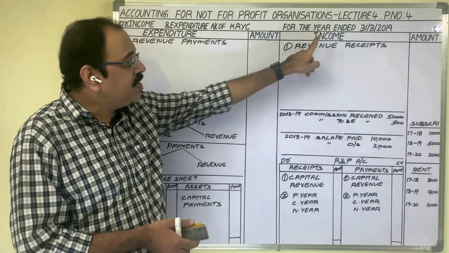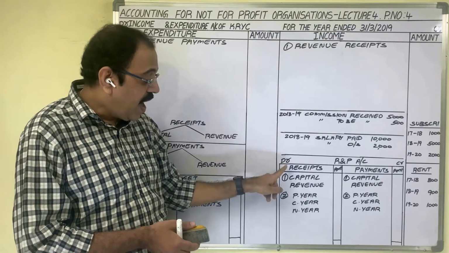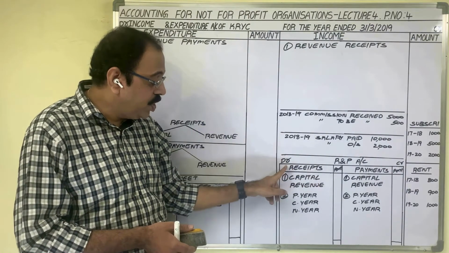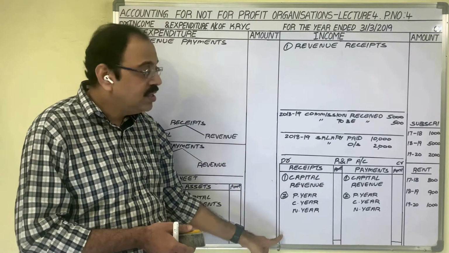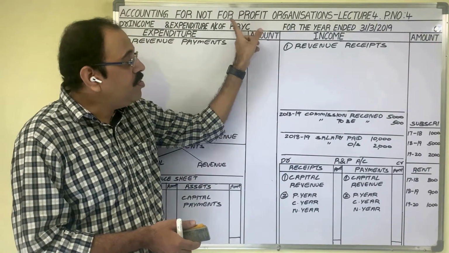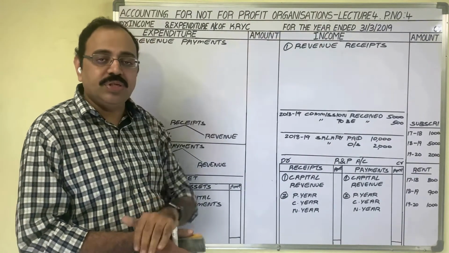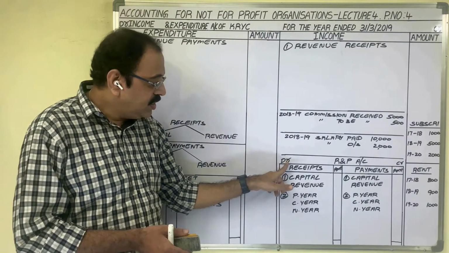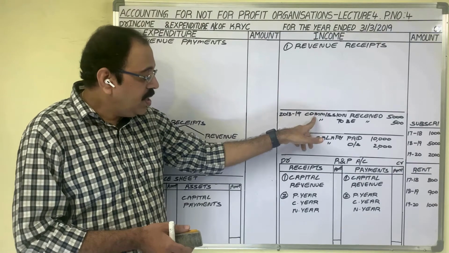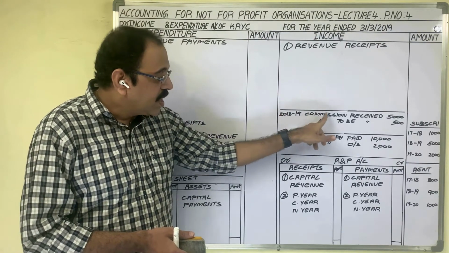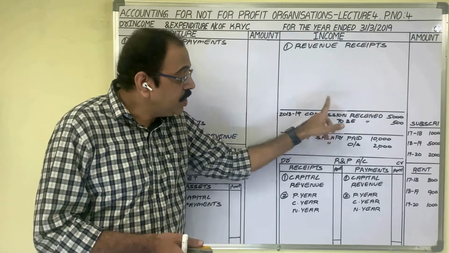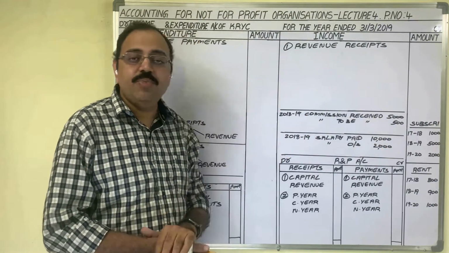Similarly, what is the difference between income and receipt? In the receipts and payments account, we debit all receipts. In the income and expenditure account, we credit all incomes. Are they the same? No. Take one example. In the current year, commission received is 5,000 rupees, and commission to be received is 500 rupees.